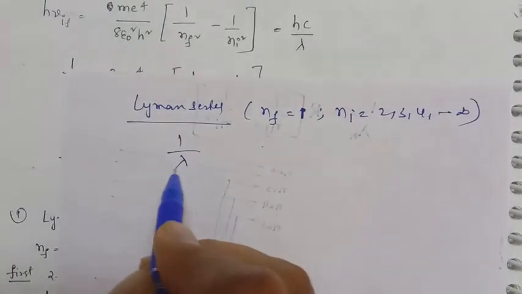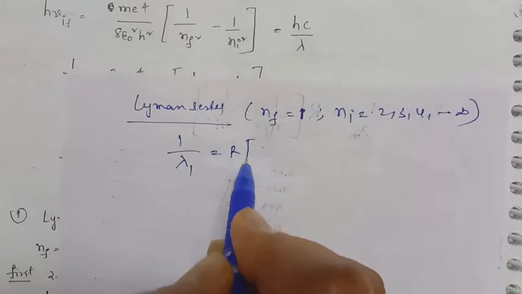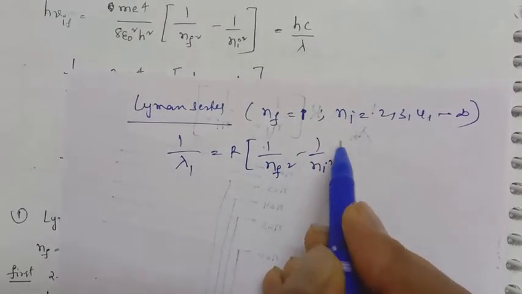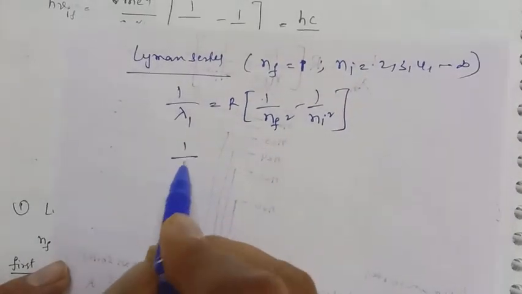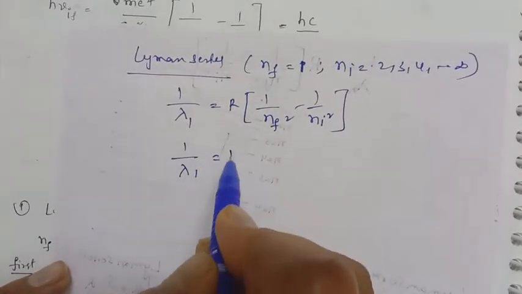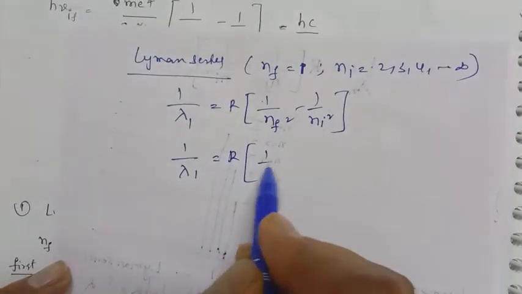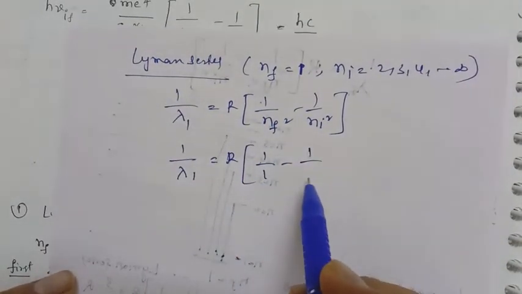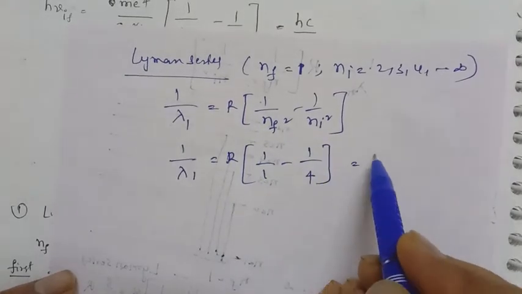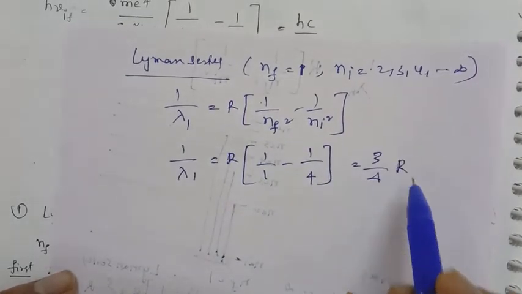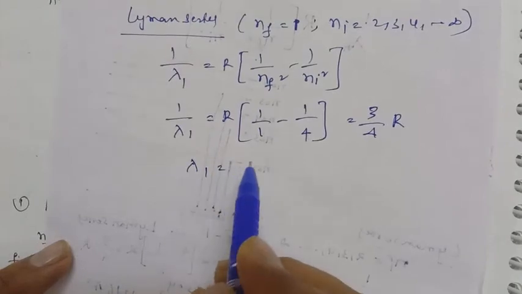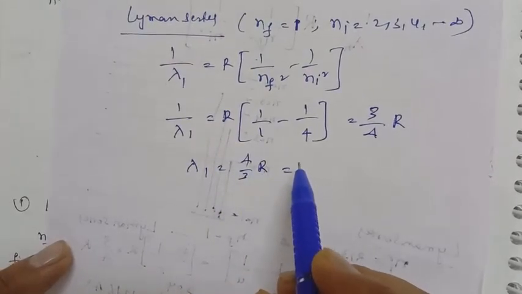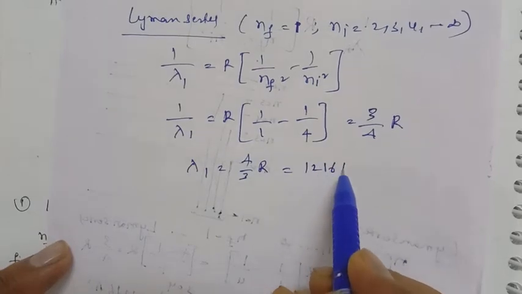So 1 by lambda 1 is equal to R into 1 by nf square minus 1 by ni square, that is 1 minus 1 by 4, which is 3 by 4 R. Then lambda 1 is equal to 4 by 3 R, and we are getting the value 1216 angstroms.